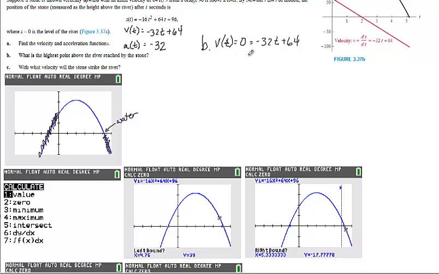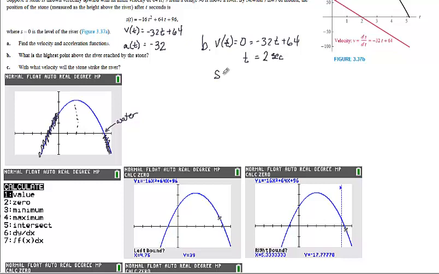Solving that for t, I would get that t happens to be 2. So at 2 seconds, it's going to be at its highest point. Let me see if that looks good on my graph. Yeah, it does. That looks like the highest point.